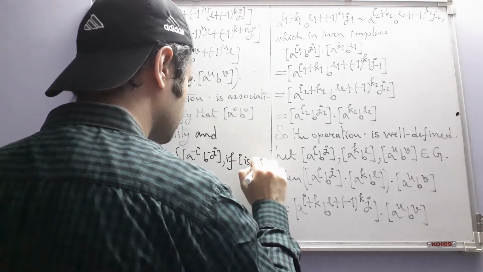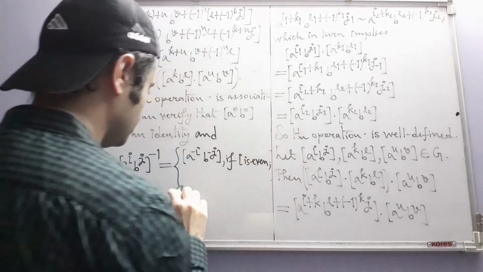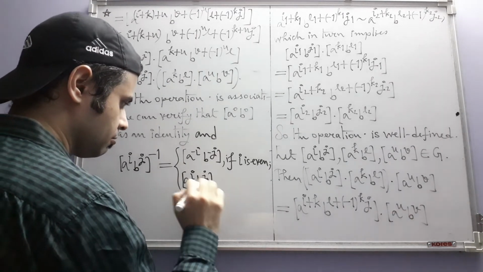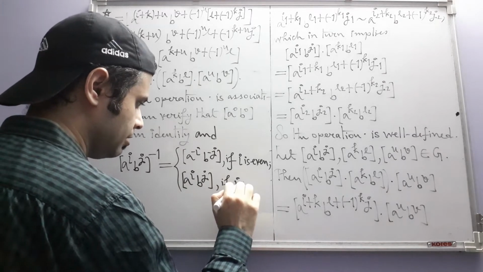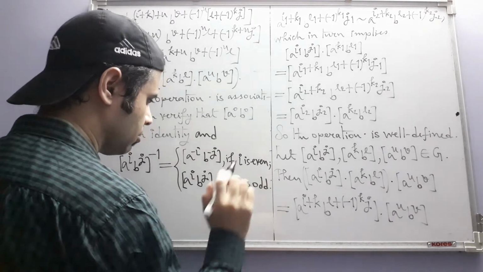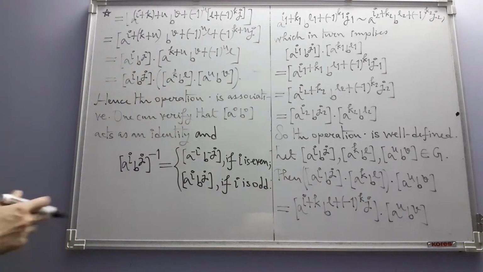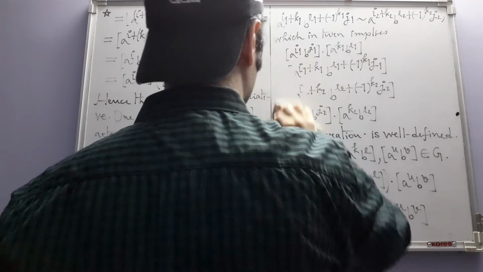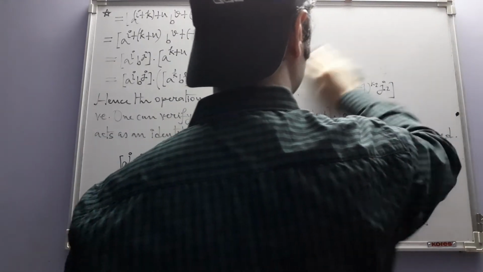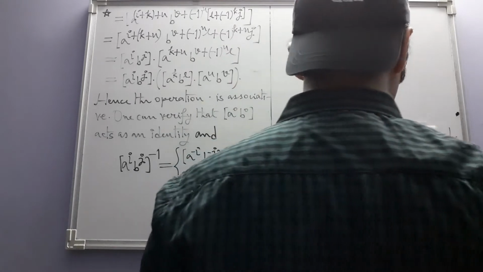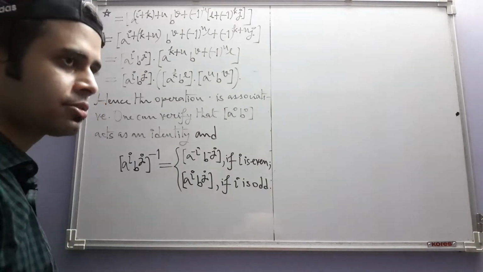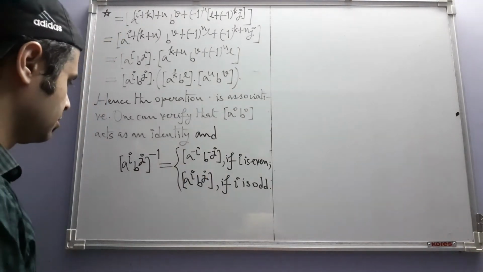So it depends on the parity of i, and it's the same thing if i is odd. Since we are verifying everything, let's just see this one also. Ideally we should show all these things, but to minimize space while typing these solutions out, I compressed things.